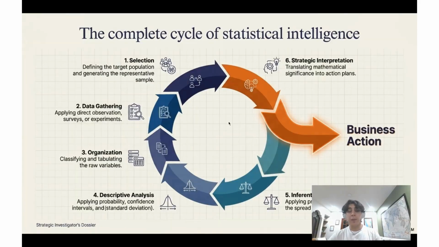So a business action to benefit from all this data and analysis and statistics. This sixth step, the strategic interpretation, is translating mathematical significance into an action plan. That's the importance of these lessons and topics. Thank you so much.